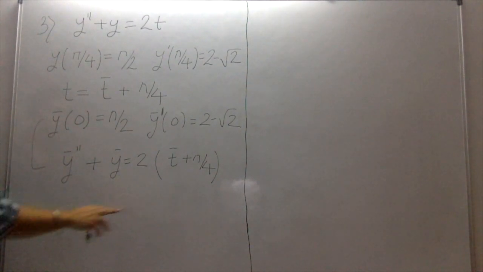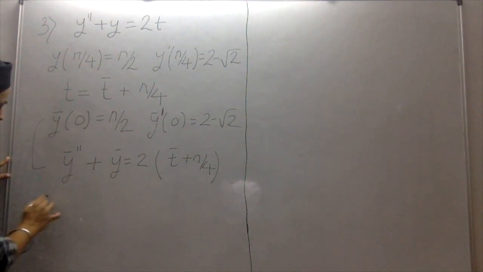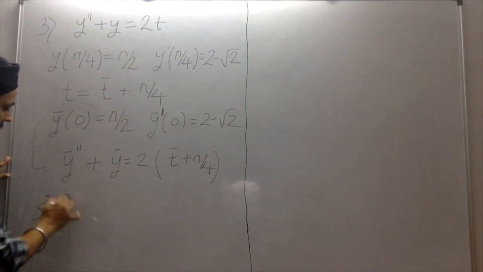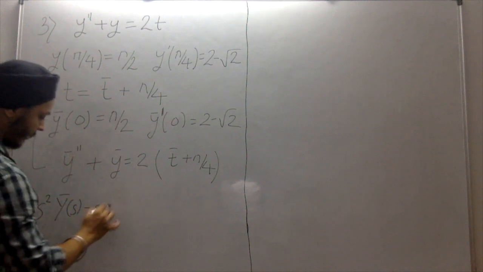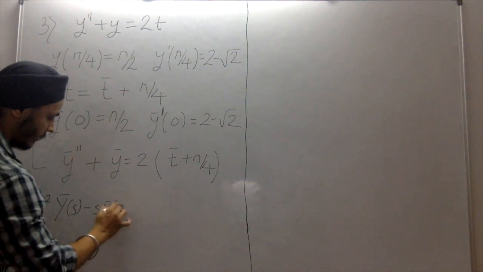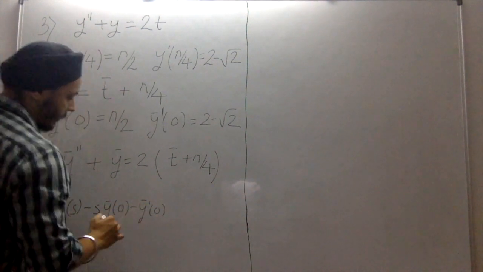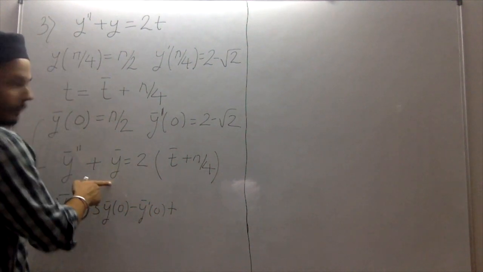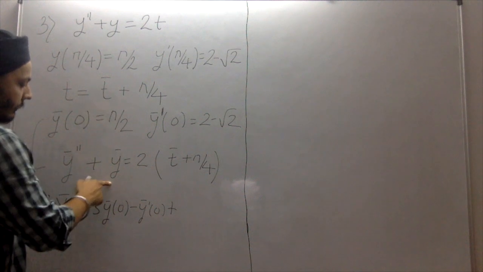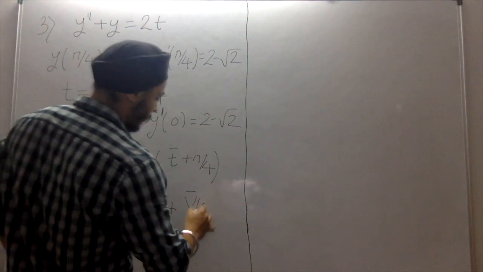Now let us apply Laplace transformation on both the sides. So this will be s square times y bar of s minus s times y bar of 0 minus y bar prime of 0, plus the Laplace transformation of y bar, which will be y bar of s.